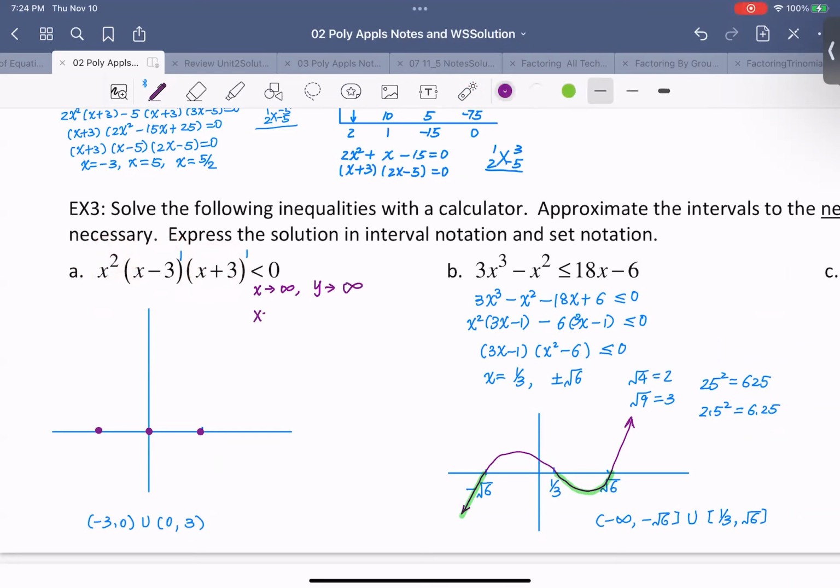When x goes to negative infinity, y will approach positive infinity or negative infinity? Negative infinity squared is positive infinity. This, you can ignore those things, okay? So it's going to be positive infinity, right? Yes.